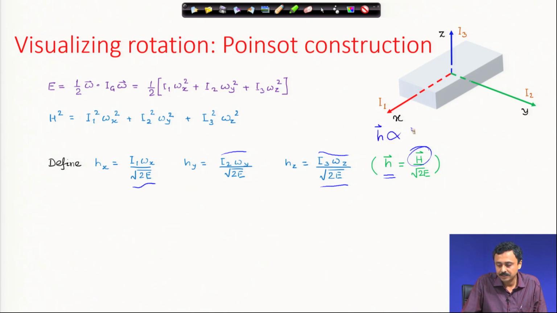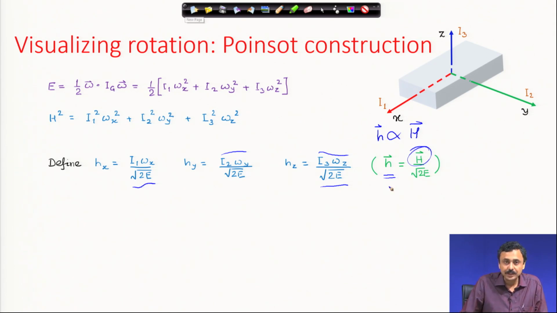Therefore, I can write that the lowercase h vector is proportional to the angular momentum vector. By proportionality I mean, and what is very important now, that it will have the same direction as the angular momentum vector, but its magnitude is the scaled magnitude of the angular momentum.